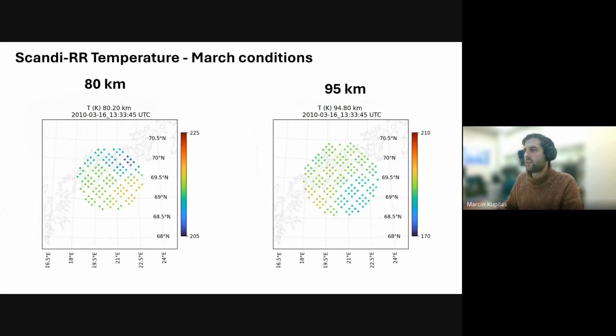So this is looking at temperatures in March conditions. Here's 80 kilometers and 95 kilometers, and you can see that there's again a lot of structure that would be picked up by the instrument, and a lot of wave-like patterns that have variability on timescales from tens of minutes to several hours.